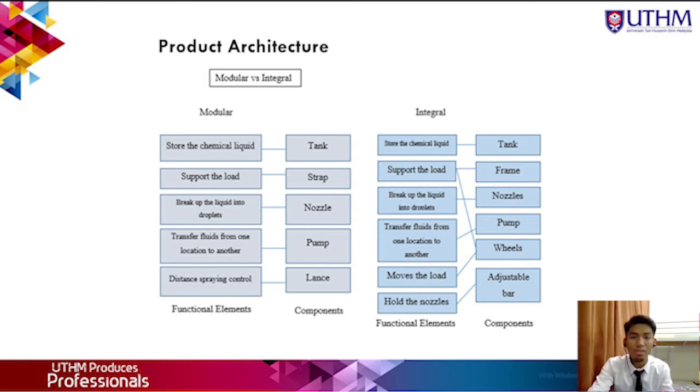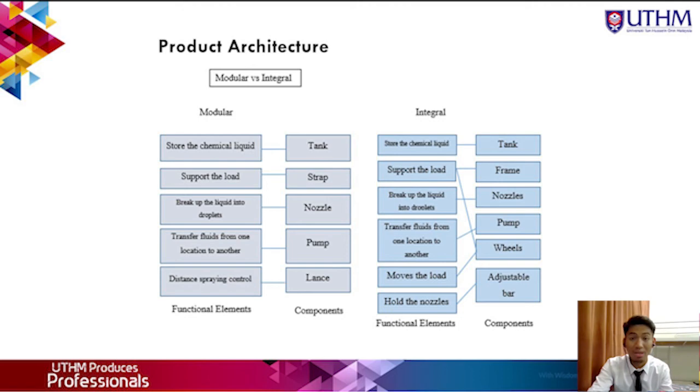Iteration is frequently necessary. Furthermore, product architecture is also the arrangement of products' functional parts into physical building pieces, which are components, subsystems, or sub-assemblies that interact with one another to fulfill the overall function of the product. The architecture of a product might be modular or integrated.